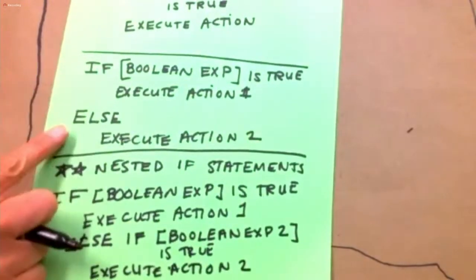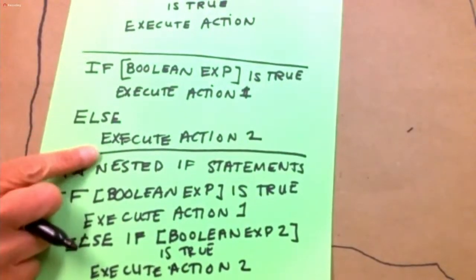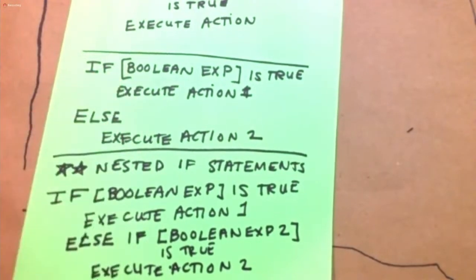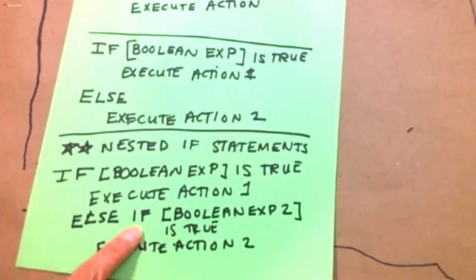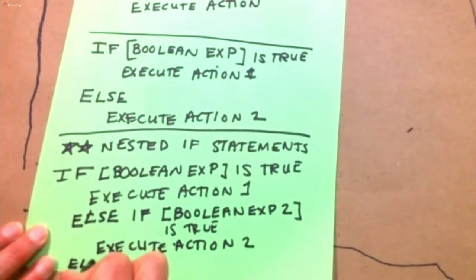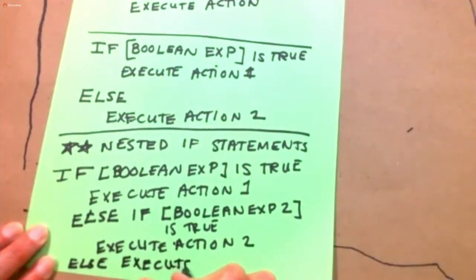So this time I didn't just give you another statement to execute if you couldn't do the first one. I actually gave you a second conditional that was stuck in here before I gave you that action to execute. And I could have another else down here, else execute action 1 or action 3.